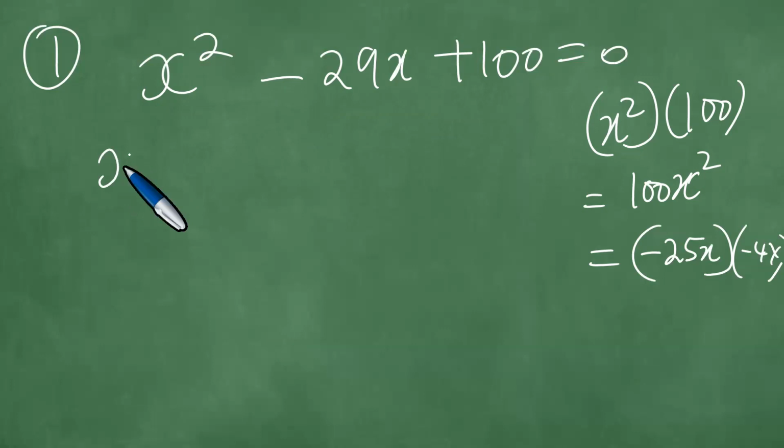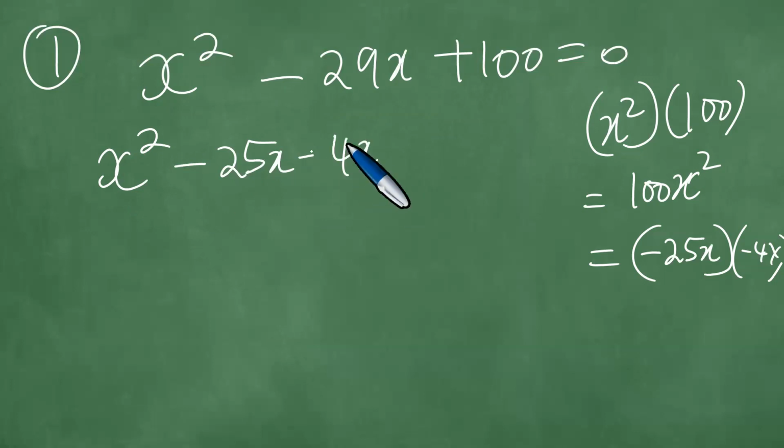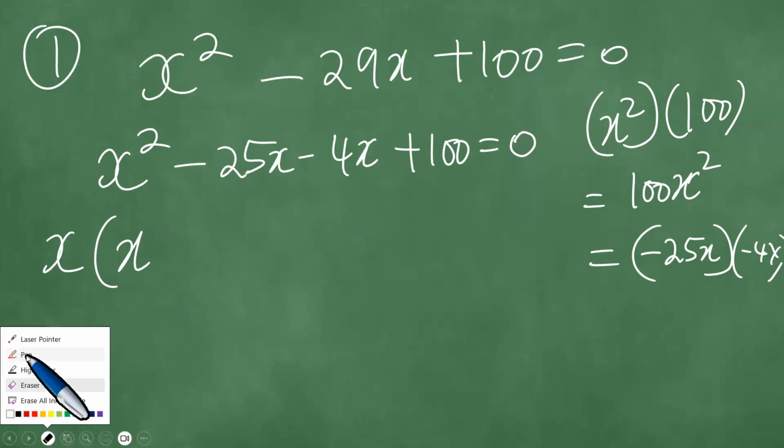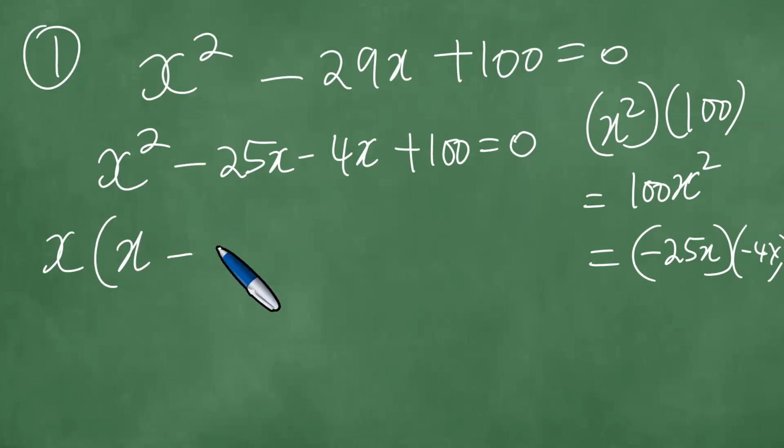So, which means we have x squared minus 25x minus 4x plus 100 is equal to 0. Now let's look at the first two terms. There is a common factor x, which, if you pull out the common factor, you are left with x minus 25.